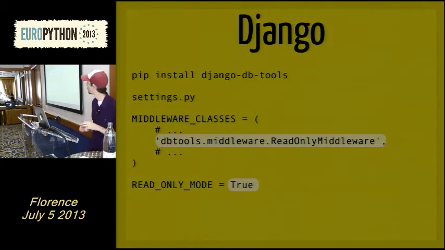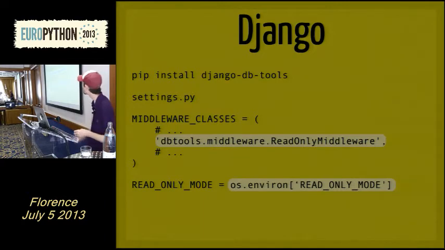So this is a middleware I actually created called Django DB Tools. Essentially what you're going to do right here is install it, put in the middleware, and then say read-only mode equals true. A better way to do this is actually read from an environment variable, so you don't have to deploy new code.